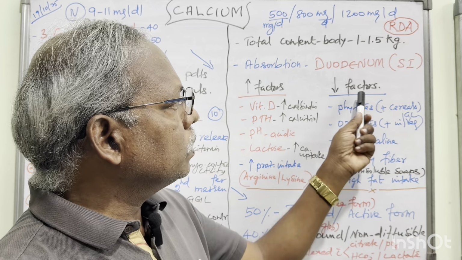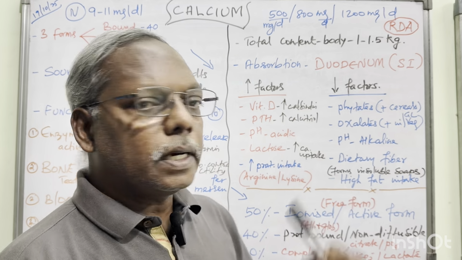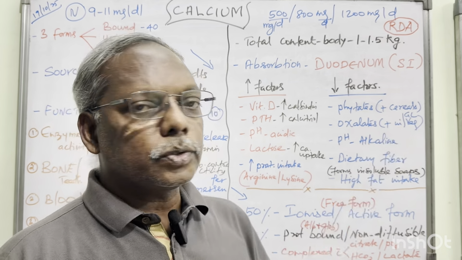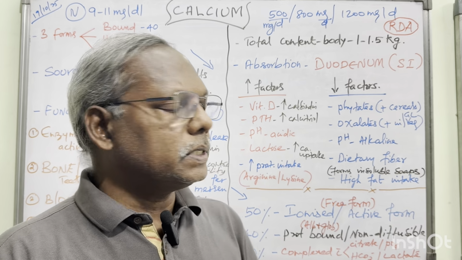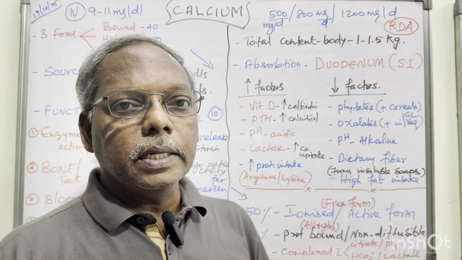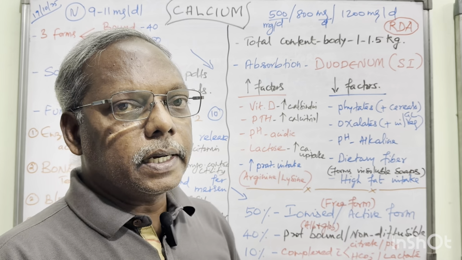Right? Coming to the decreasing factors for calcium, the first one is phytate and oxalates. Phytates are usually present in cereals, oxalates usually in vegetables, green leafy vegetables. They decrease the absorption. Second one is alkaline pH, which always decreases calcium absorption. You know the dietary fiber role.